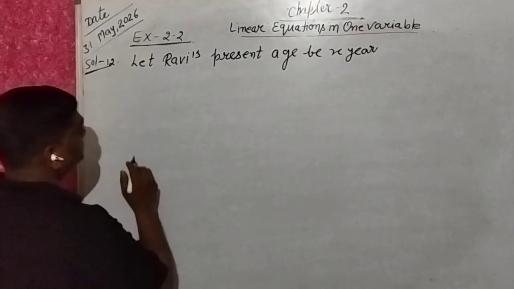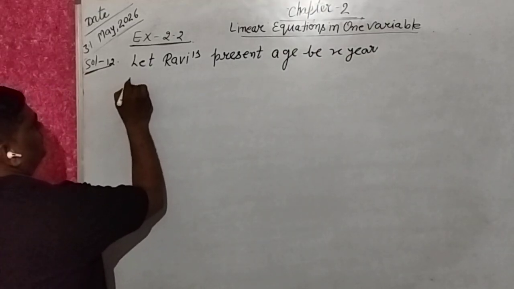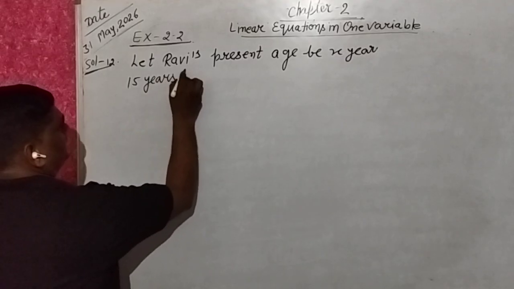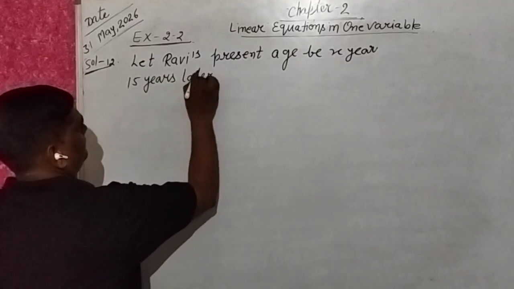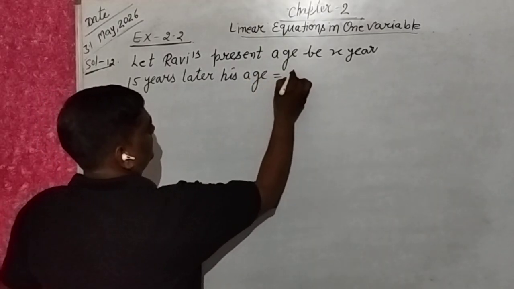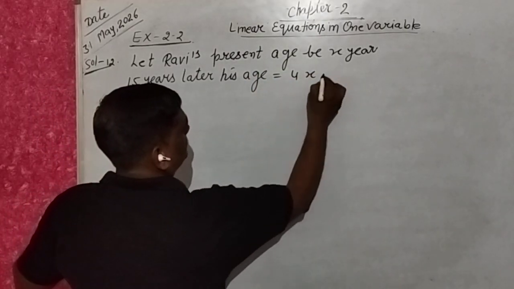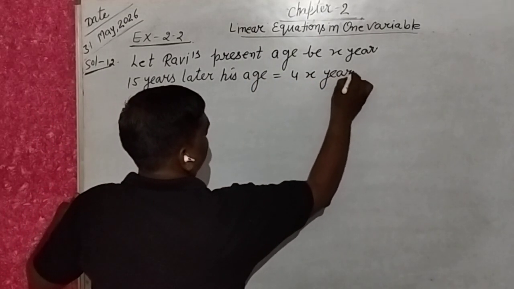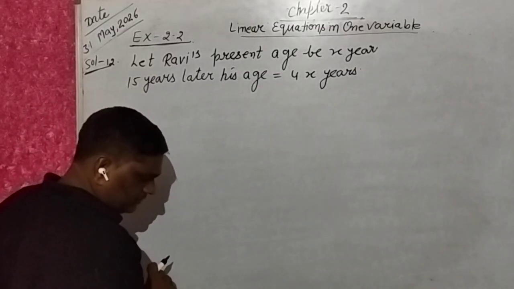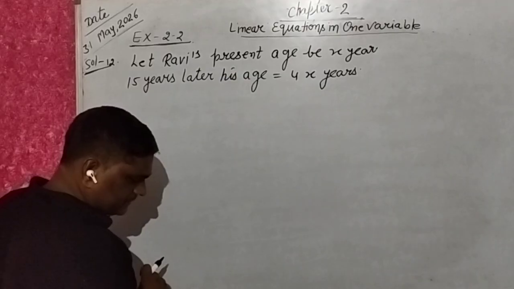After 15 years, his age will be 4 times, 4x years. Ravi will be 4 times his age.